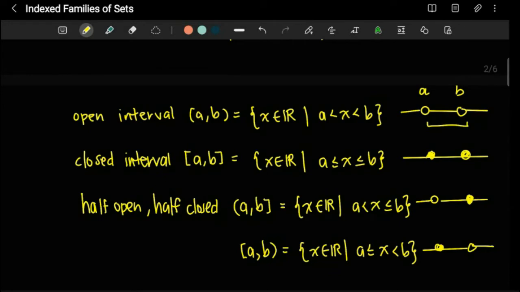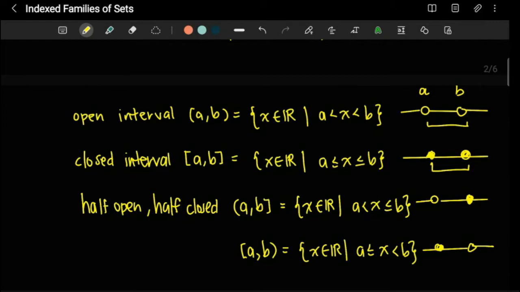On the other hand, pag sinabi mo namang closed interval, ang ibig sabihin nun, you have all elements x from a to b. All real numbers from a to b. This time, including a and b. So if you draw that in a number line, so this is a and this is b, all points in the segment a to b, including a and b.